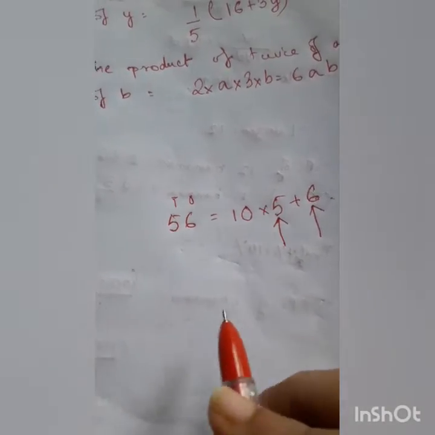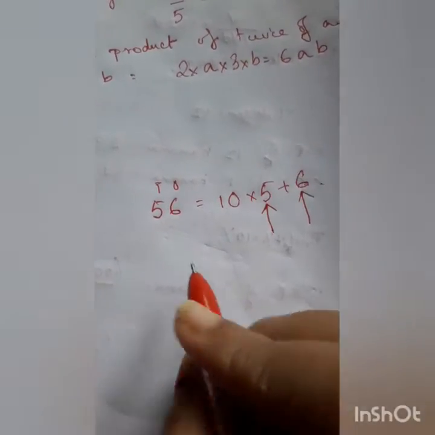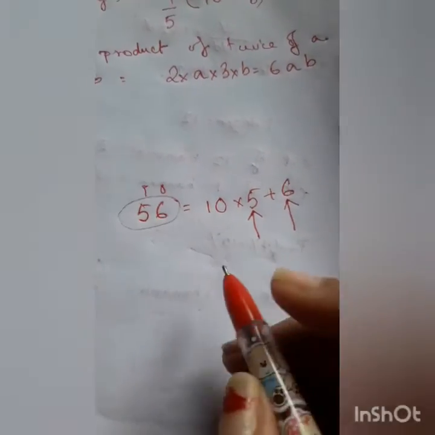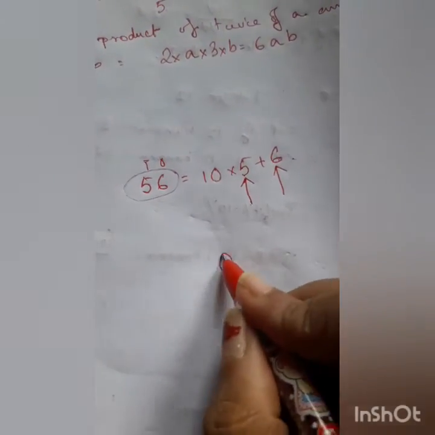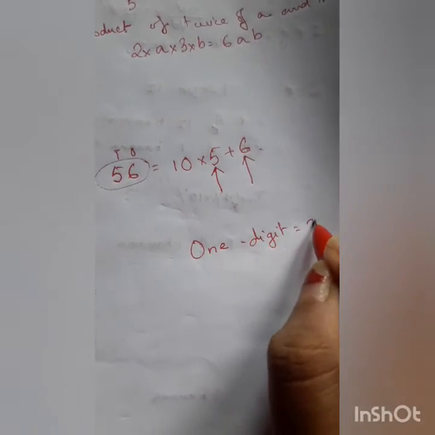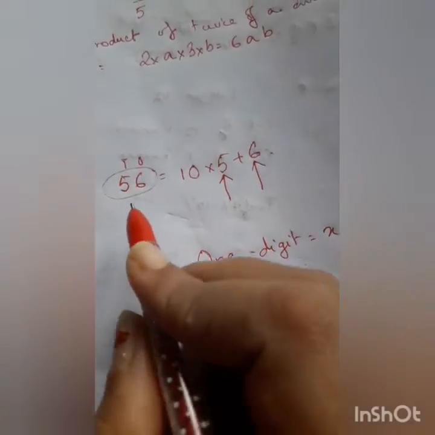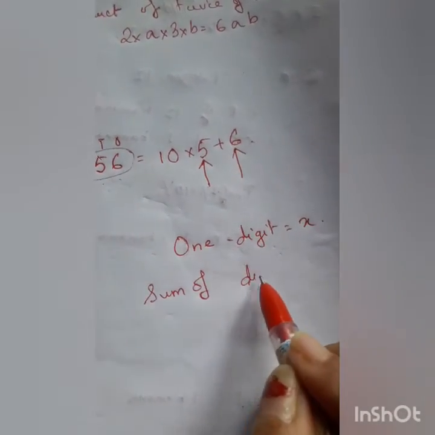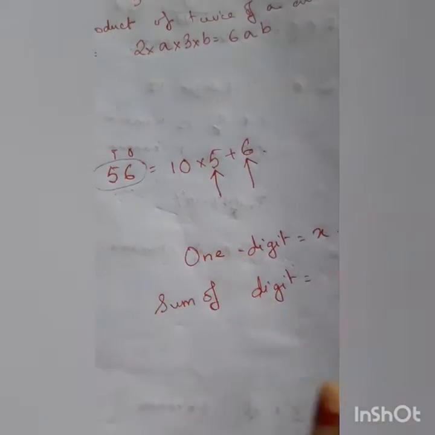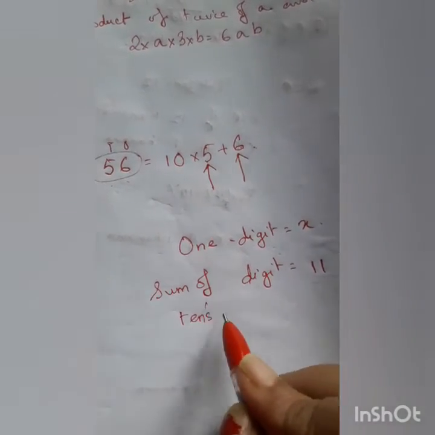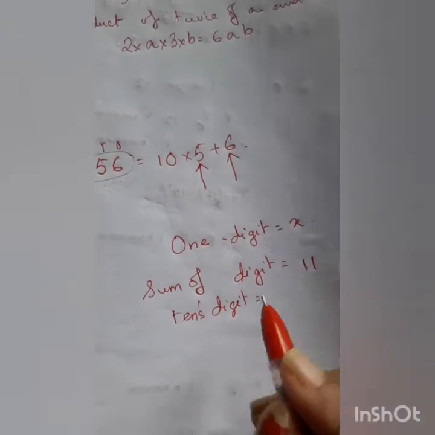Alright. For example, say 56 only. This number is unknown to me. I am taking ones digit as x, and it is said that the sum of the digits is 11. Isn't it so? See, 5 plus 6, 11. So tens digit will be how much?